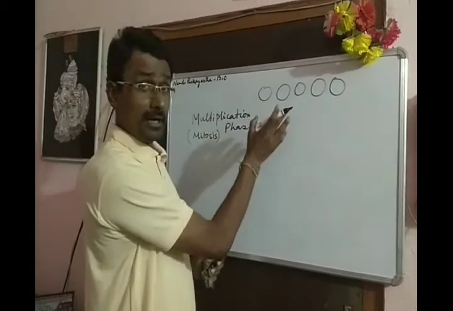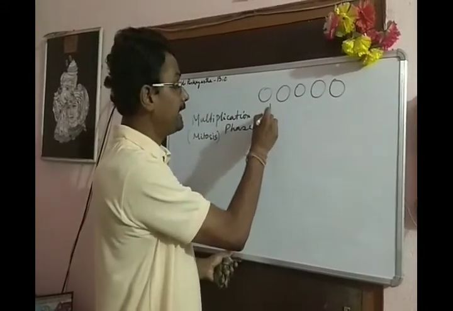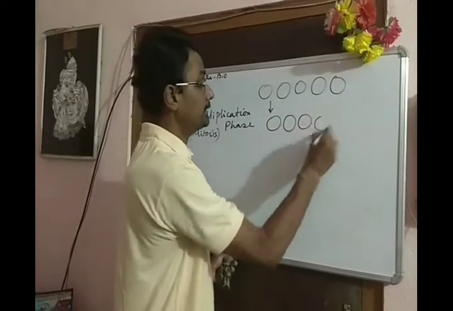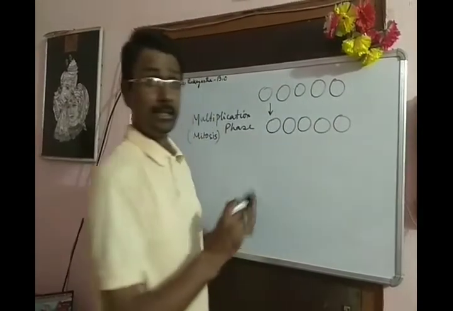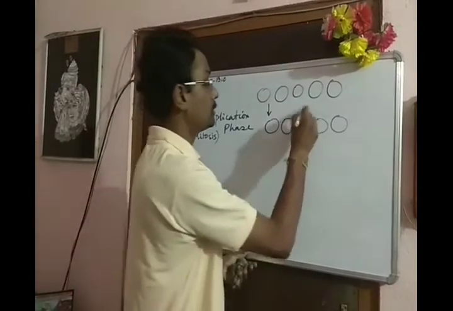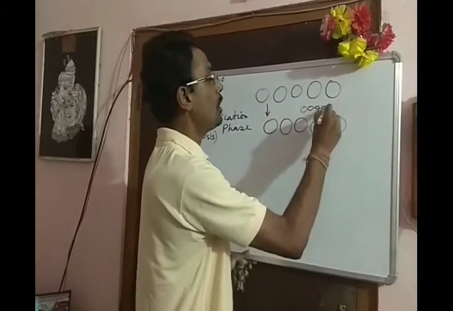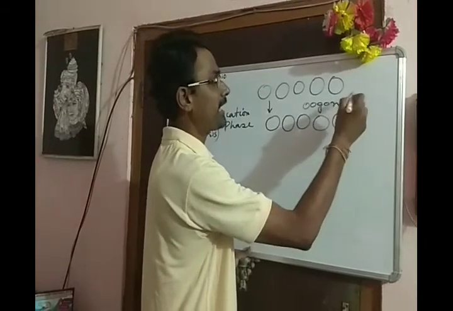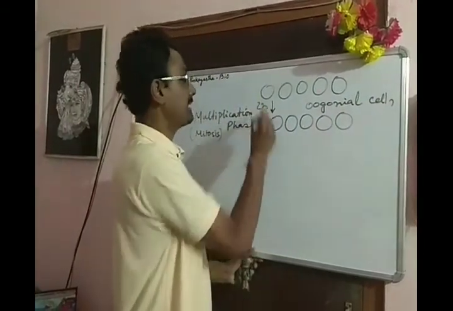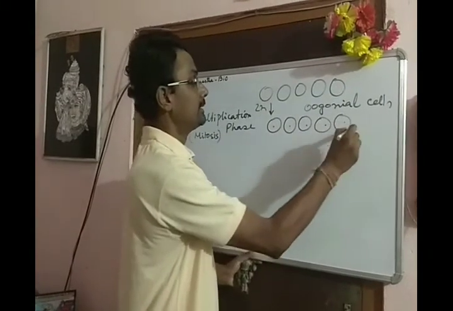So from here, you find a number of oogonial cells developing, called oogonia, and they are all 2n.